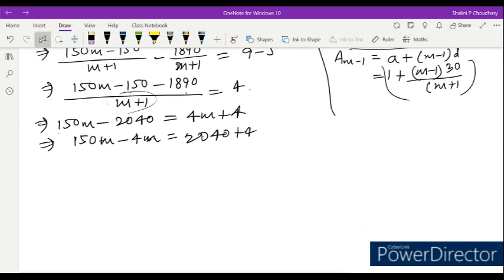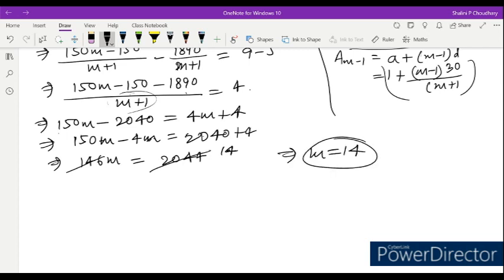So what value will we get? This side it will be 146m and this side it will be 2044. Now when we divide this by 146, we'll get 14. So we can say that m is equal to 14. Okay. This was question number 16.